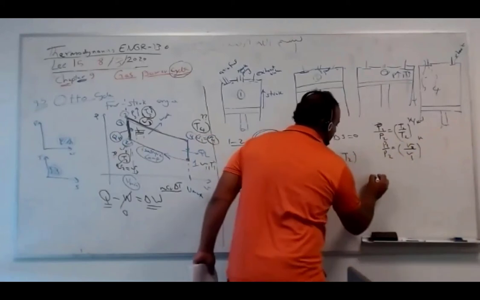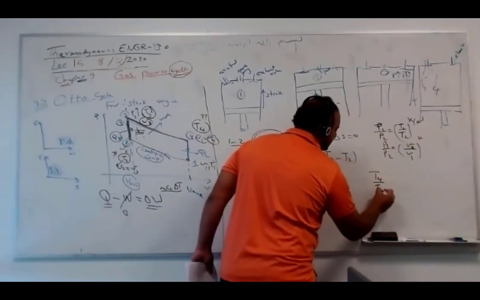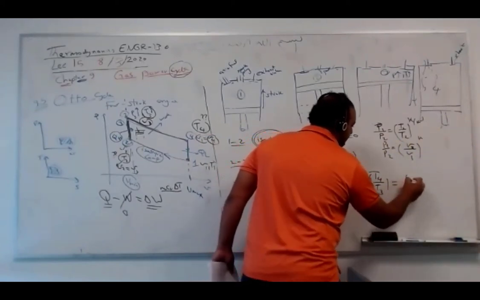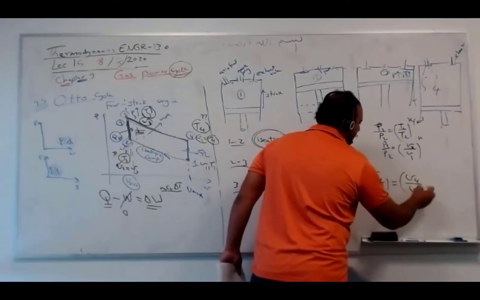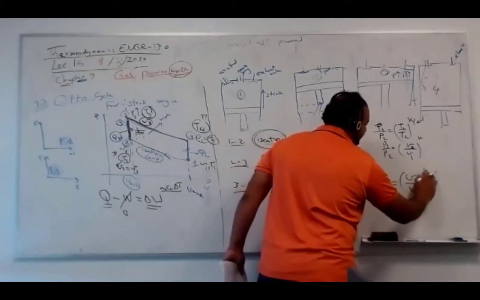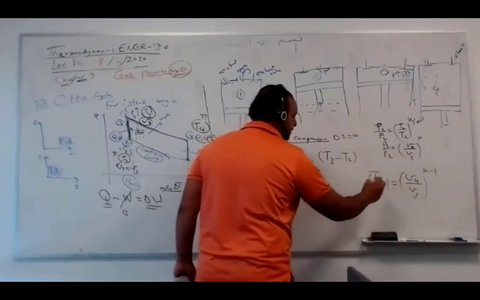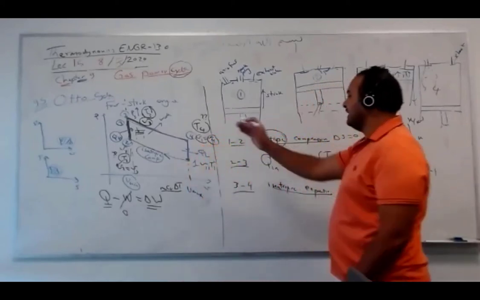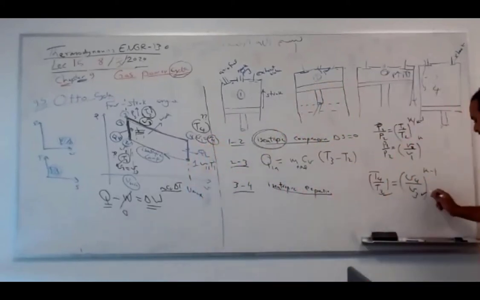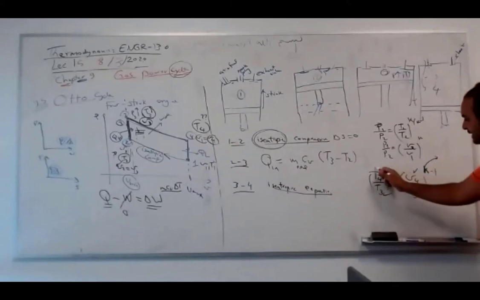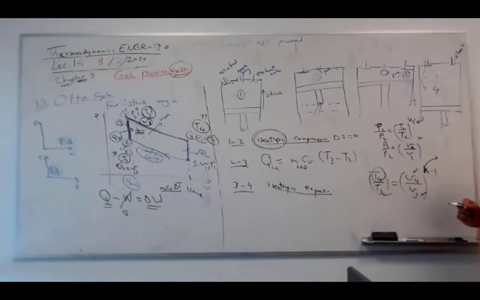You can say T4 over T3 equal V3 over V4 to the power K minus 1. Something like that. So you have T3 from the heat. You have V3, which is V2, V4, which is V1, power K minus 1. K is specific heat ratio. You can get T4. Why do I want T4?